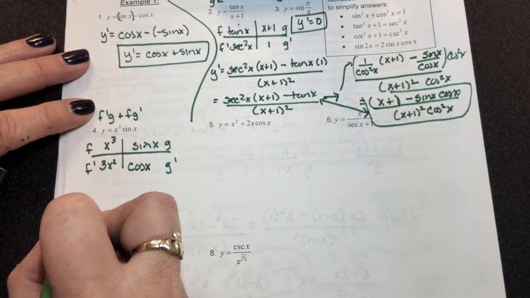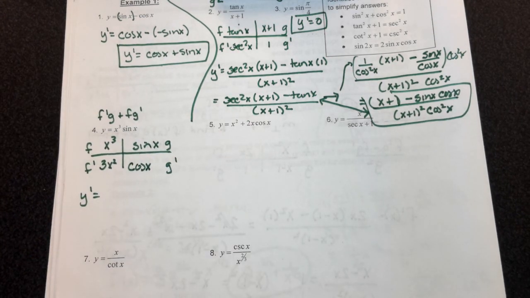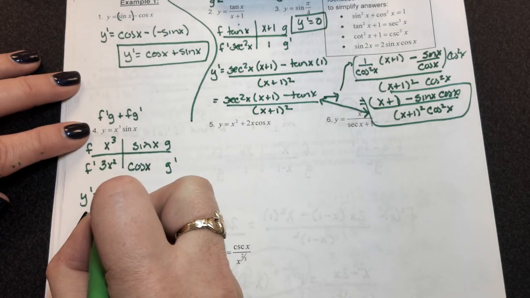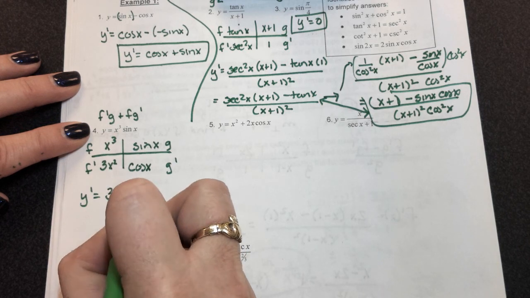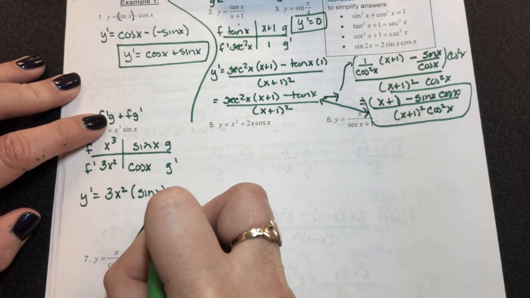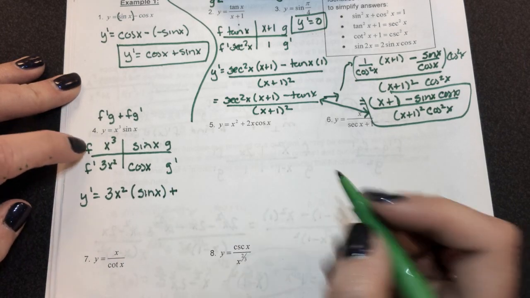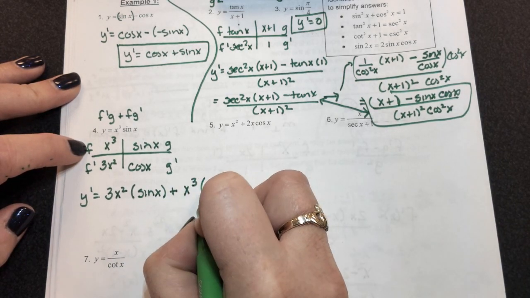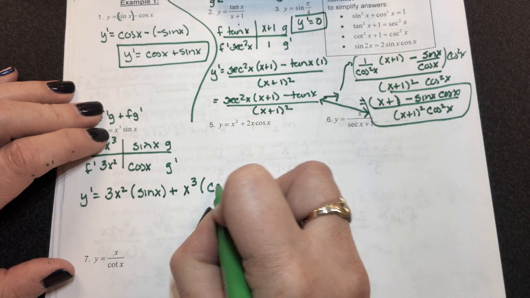So now I need to plug and substitute into my product rule. So f prime we identified as 3x squared times g, which is sine of x, plus f, my x to the third, times g prime, which is cosine of x.